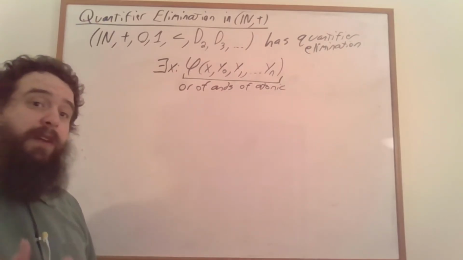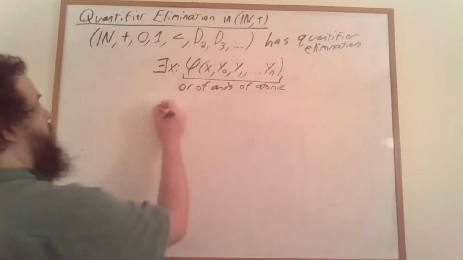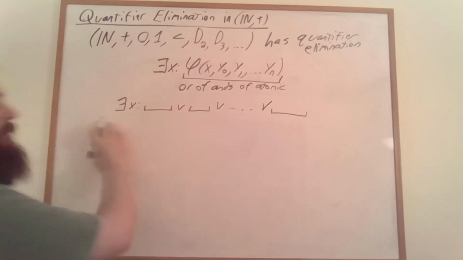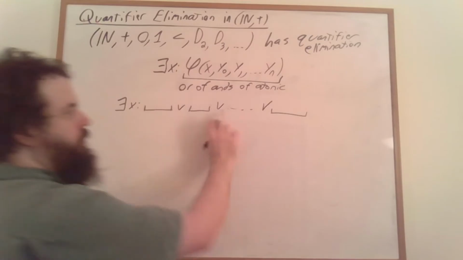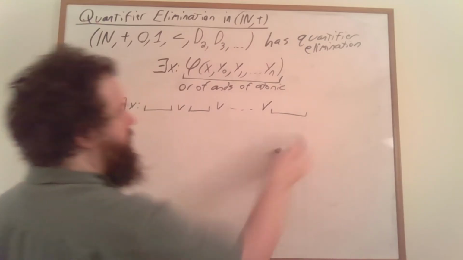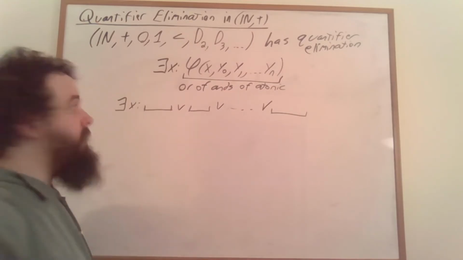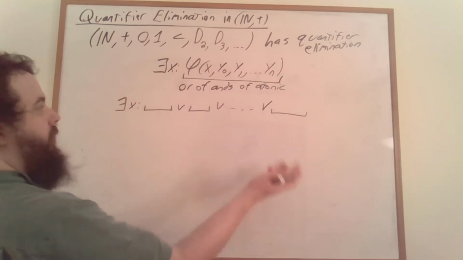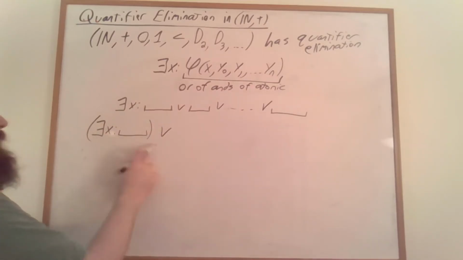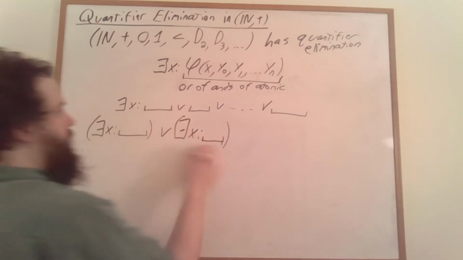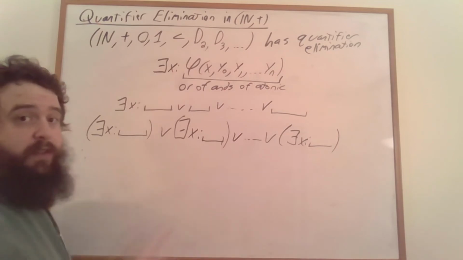Next, we're going to want to do the same trick of pulling the ors out of the existential quantifier. If we have a formula that looks like there exists an x such that something is true, or and so on and so forth, and something is true, where of course these things are just going to be ands of atomic formulas, we can, just using logic, translate this into the equivalent: there exists an x making the first part true, or there exists an x making the second part true, and so on and so forth.